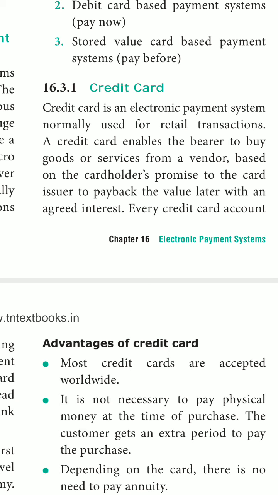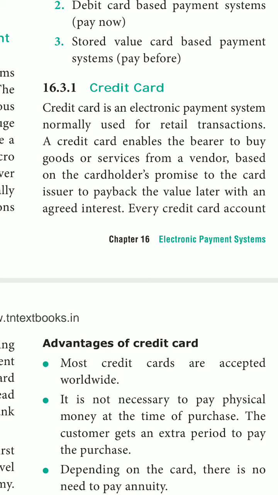Okay. So here you can see that if your bank account doesn't have money, then you can use that credit card to buy something. Okay, so they will be charging some interest for giving you the instant loan. Okay, it's like an instant loan.